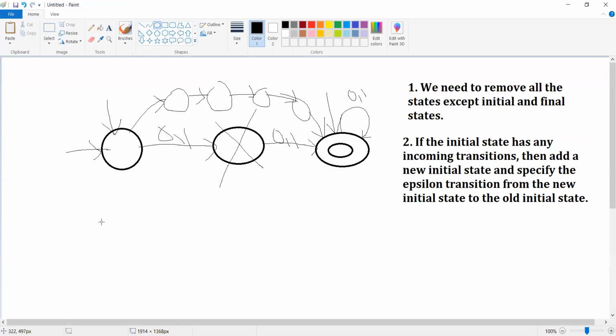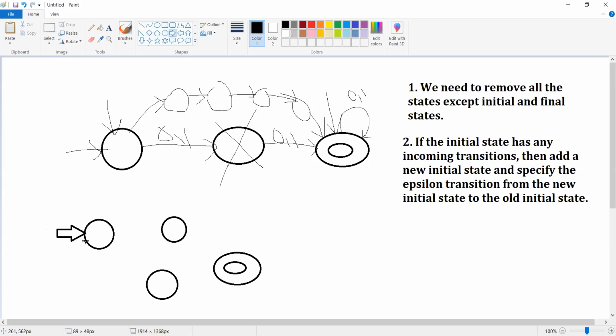Let us observe that this is my initial state, and I have some intermediate states like this, and this is my final state. Now I am going to specify the transitions like this.